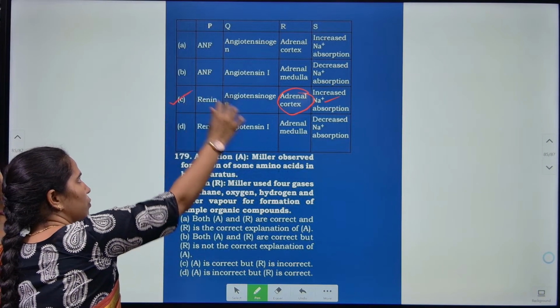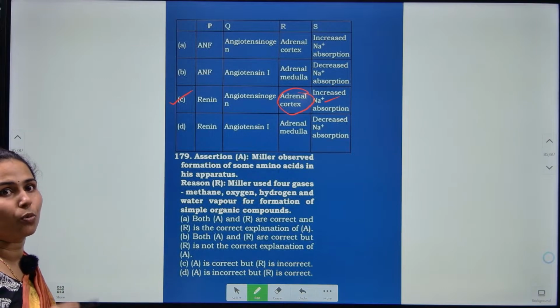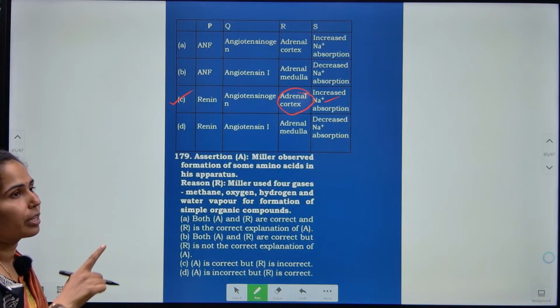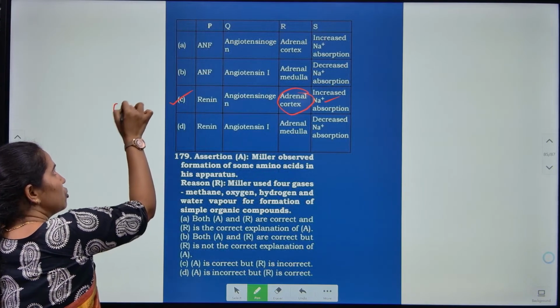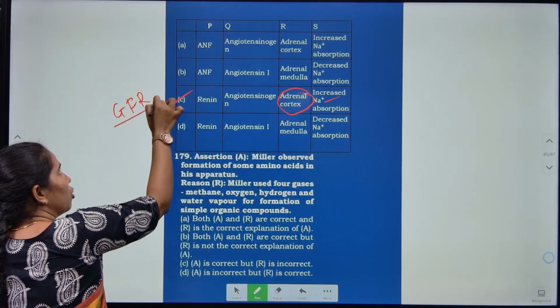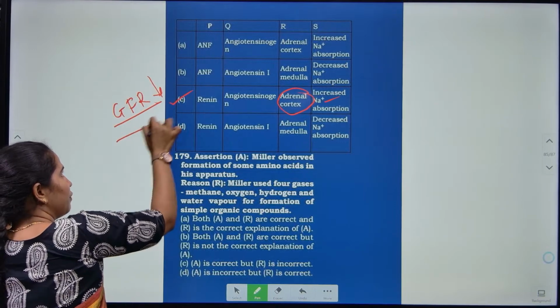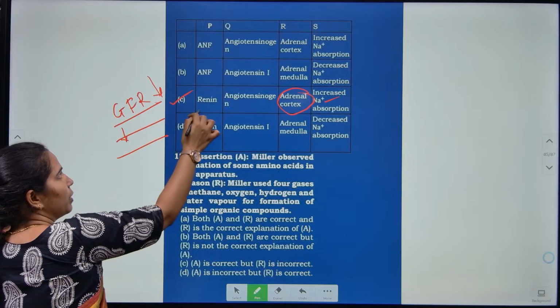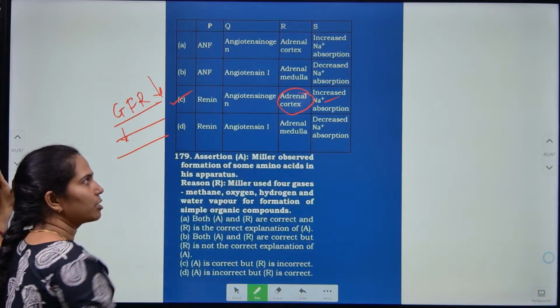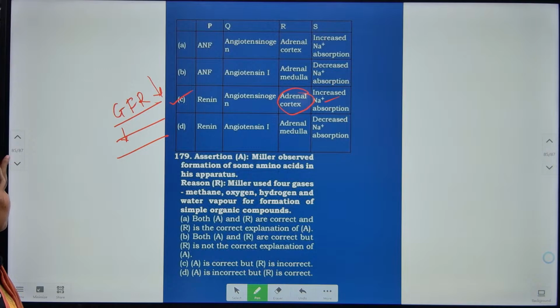So the right option will be this. This renin angiotensin mechanism is going to take place when there is a decreased GFR, that is glomerular filtration rate. That is, if there is a decreased blood pressure in the blood vessels, then automatically the renin angiotensin mechanism is going to take place here.